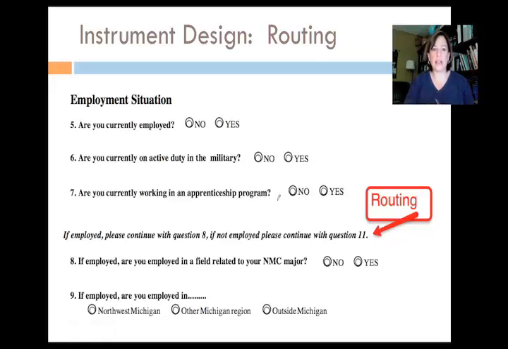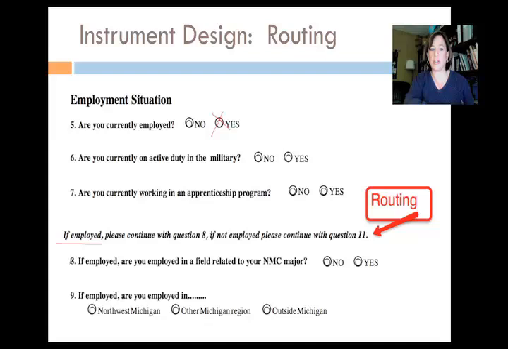So in this case, we are asking somebody if they're employed, if they're on active duty in the military, or if they're in an apprenticeship program. And basically, if they selected yes up here, if employed, please continue with question 8. So if they selected yes, we're routing them to question 8, which is fine.